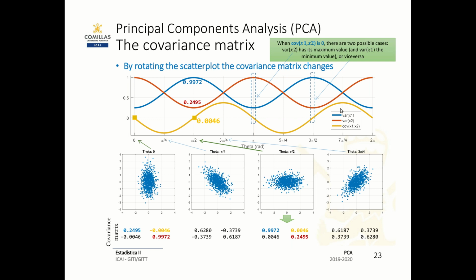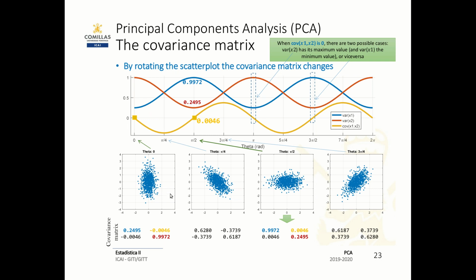Okay, so now, given a pair of variables x1 and x2, we can always find a rotation of those two variables so that the covariance matrix has the properties that we want. Let's say that our original data has this pattern.